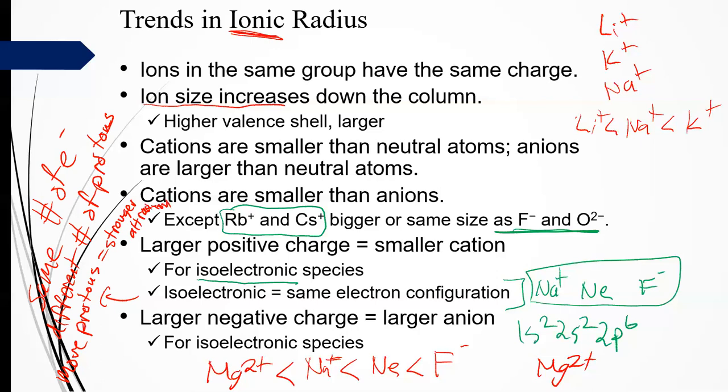The stronger your attraction, then the smaller your radius. And so that's kind of how the sizes of our atoms take place. Right?